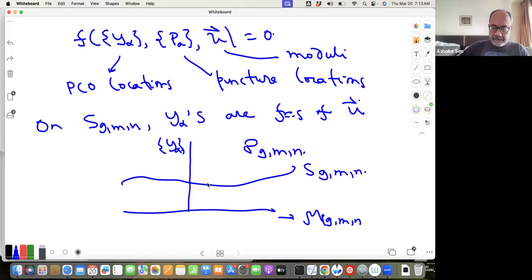So a point here is a function. Once you have chosen a section, given a point in the moduli space, you go up, and that's y alpha of u. Is this clear? Yeah.